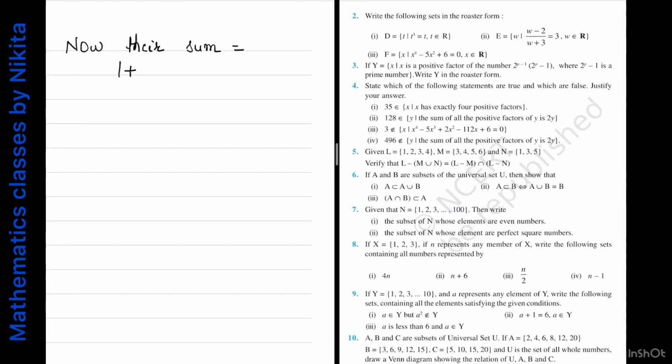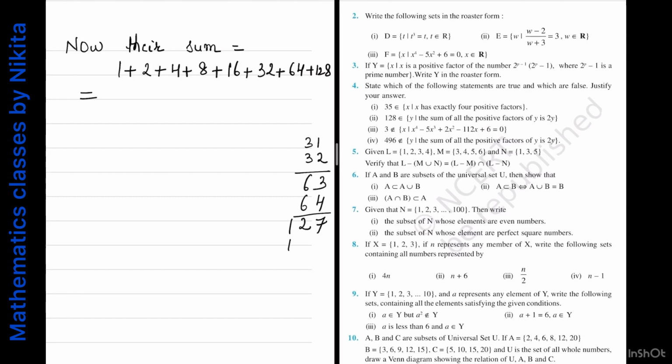so we have 1 plus 2 plus 4 plus 8 plus 16 plus 32 plus 64 plus 128, which is equal to, so 1 plus 2 is 3, 3 plus 4 is 7, 7 plus 8 is 15, 15 plus 16 is 31, then 31 plus 32 is 63, then 63 plus 64 is 127, and then 127 plus 128.